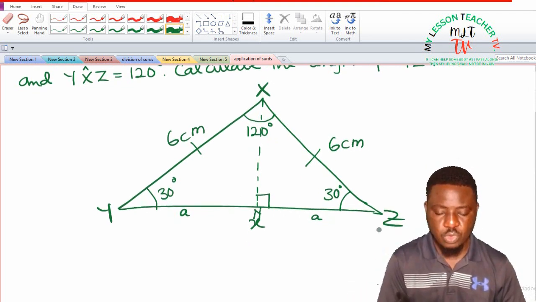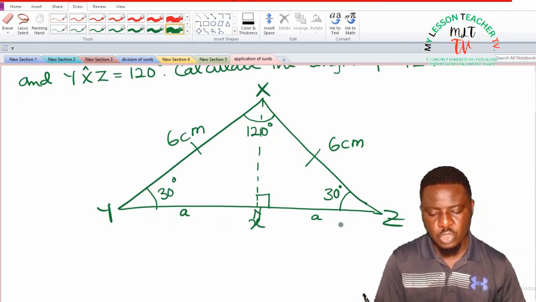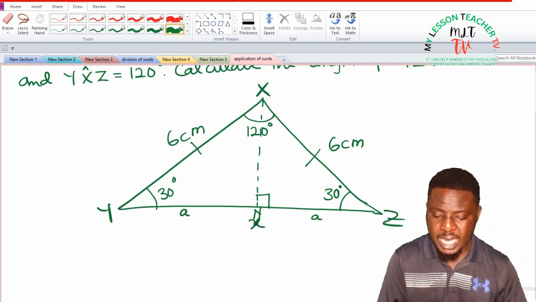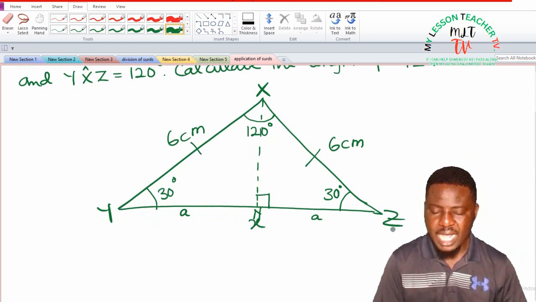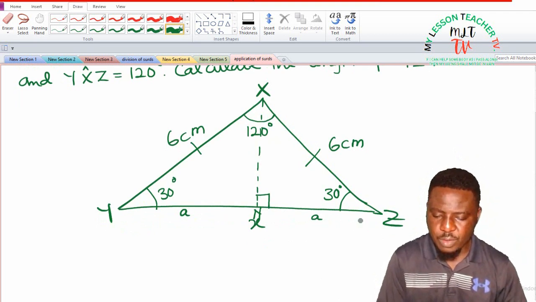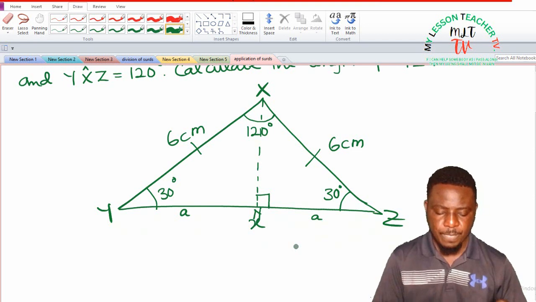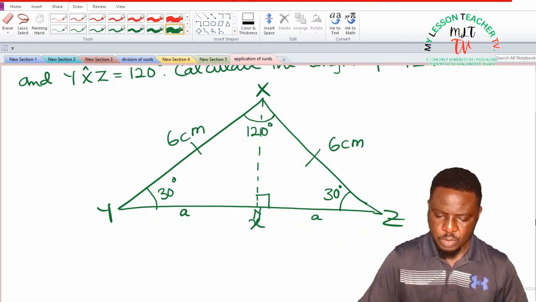So side YZ is equal to the sum of side YN, which is A, plus side NZ, which is also A. Since YN and NZ are said to be equal, when I solve for A in any of the triangles, I can just multiply it by 2 and it gives me the length of side YZ.